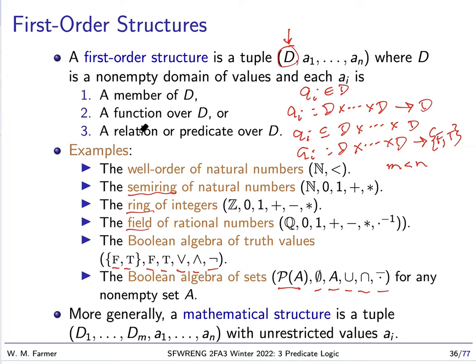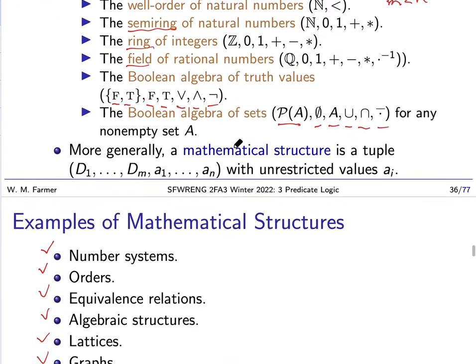So really, you can freely go back and forth between relations and predicates. But in FOL, we're going to think about relations as predicates. And just to remind you, a predicate is just a function that gives back false or true.